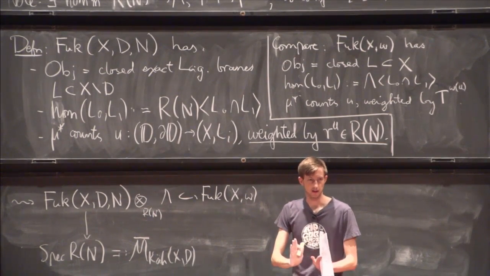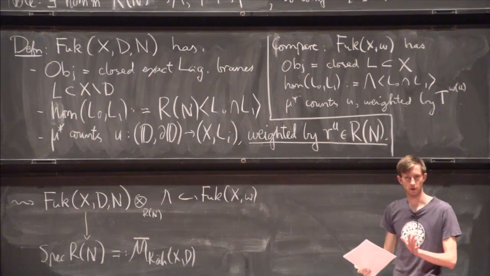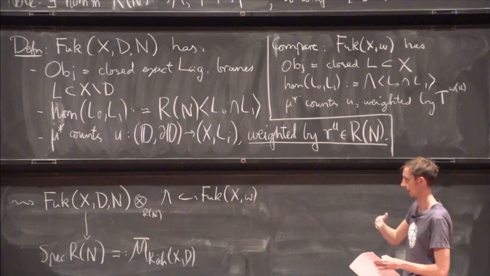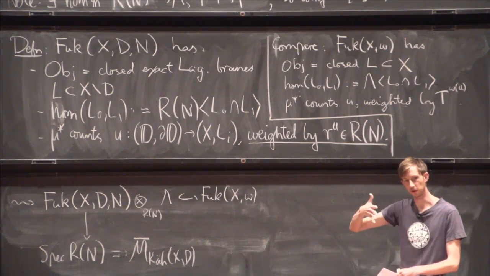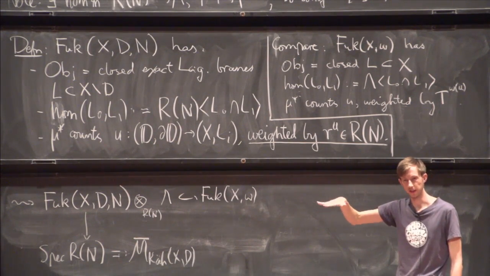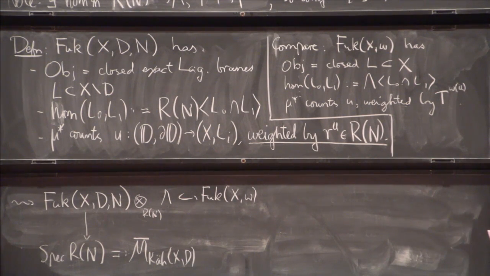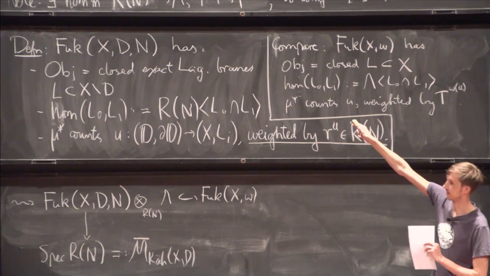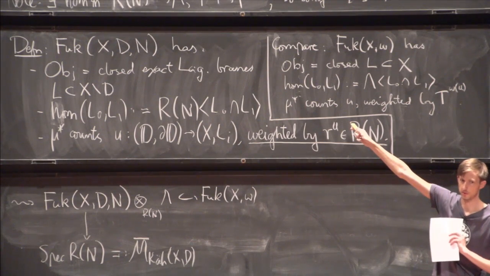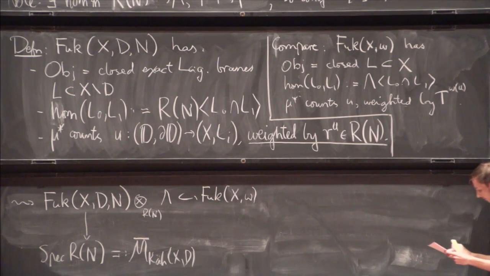So it would be a bit misleading to say that. You should think it's morally true in some sense, because as you deform the relative Kähler form, you can follow exact Lagrangians along with the deformation. But all I'm saying is that for this particular Kähler form with respect to which we defined everything, this embedding exists.